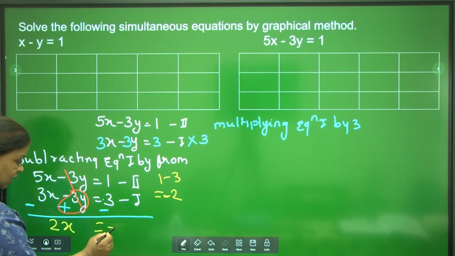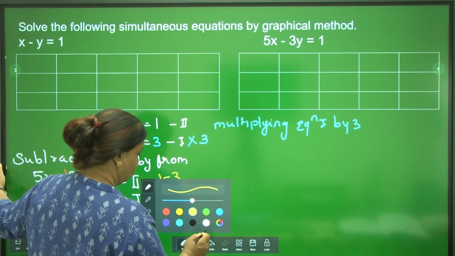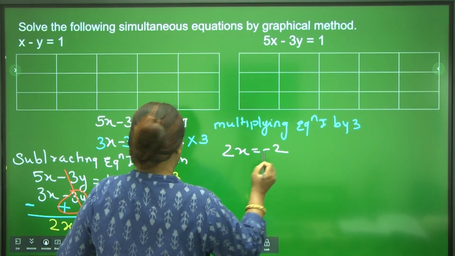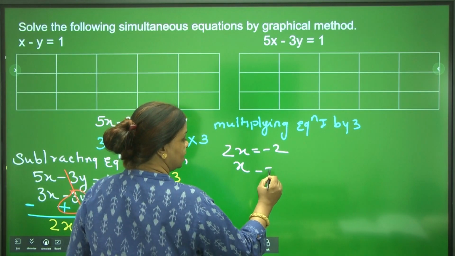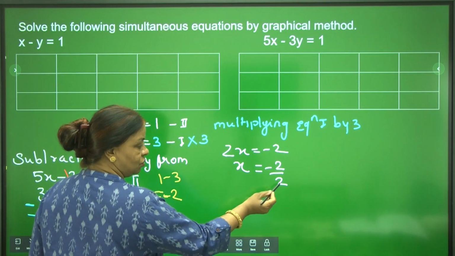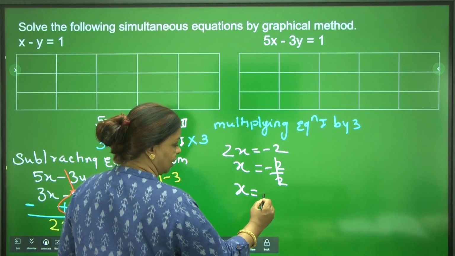Sign of greater number, here I will get minus 2. So 2x is equal to minus 2. So x is equal to minus 2 upon 2. 2 and 2 get cancelled, so x is equal to minus 1.